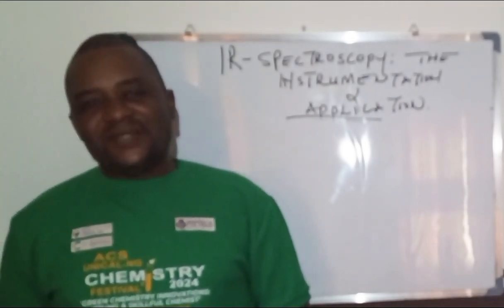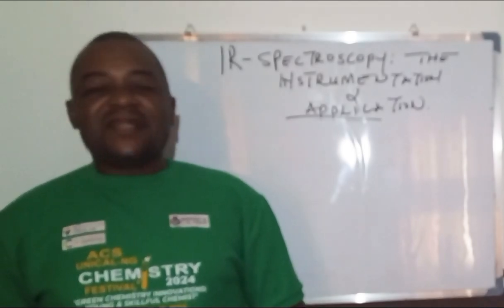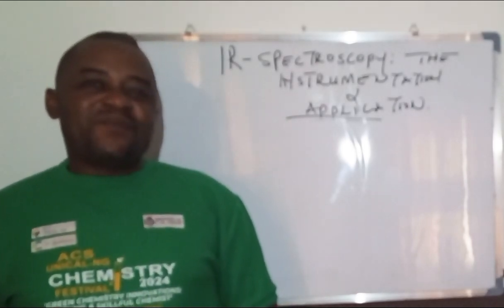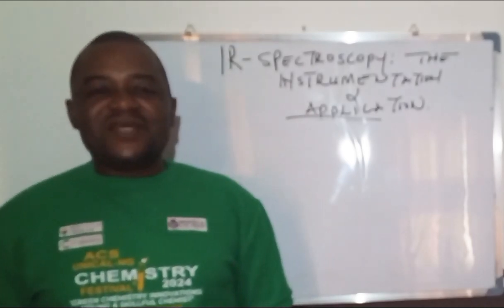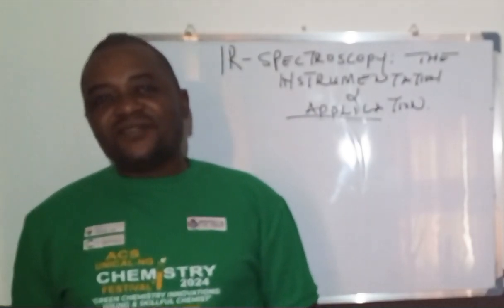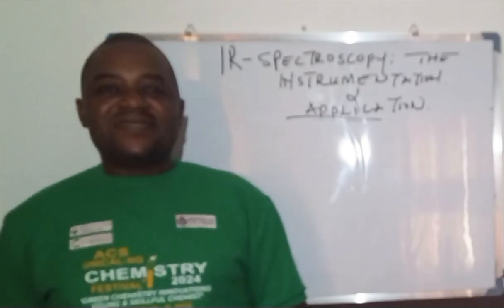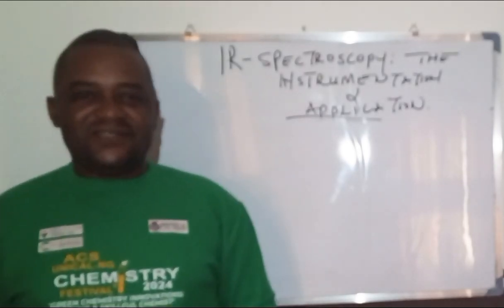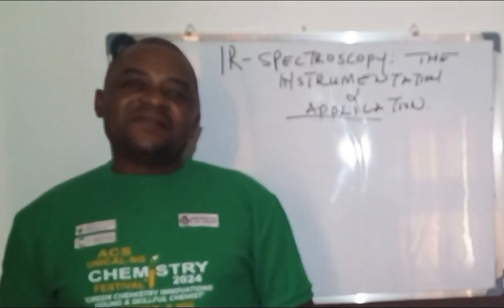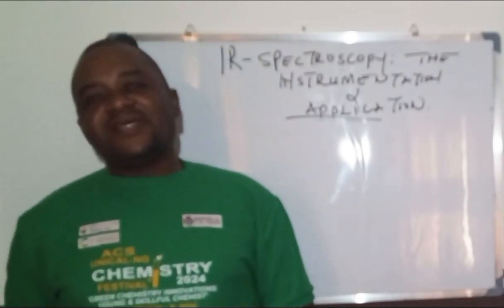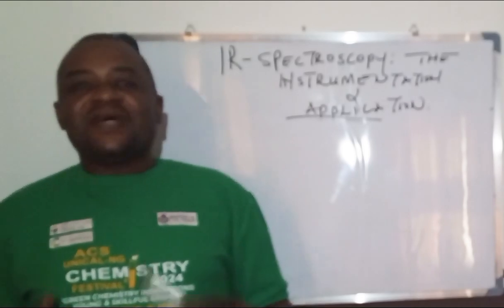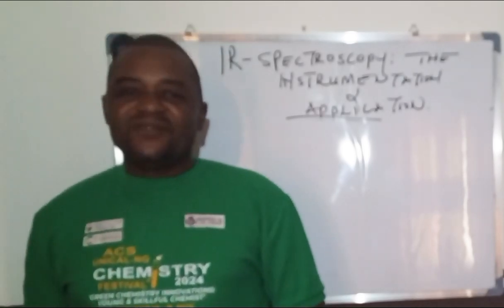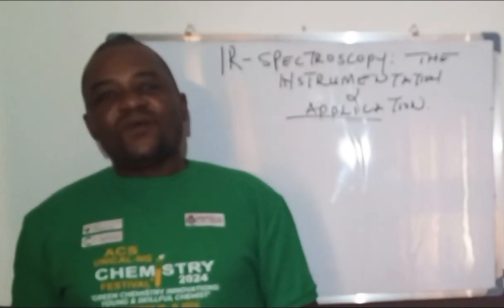When this absorption happens, there is an excitation of the vibrational and also the rotational energy levels from the ground state to the excited state, and that leaves us with a transmittance of radiation that can be measured at the screen, where you can see a spectrum, and then you can use that data or information to do certain work as it is.